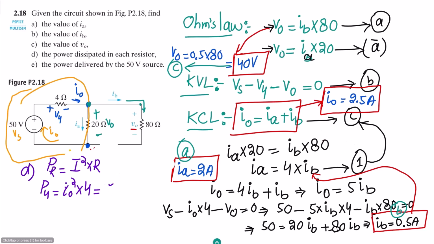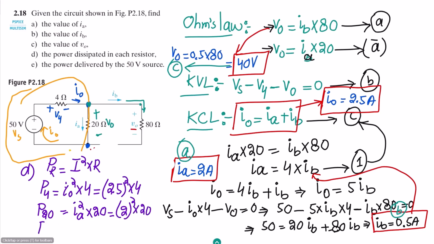That is 2.5 whole square into 4. The value of the power dissipated at 20 ohm resistor is what? That is IA whole square into 20. Let me put the value of IA, which is 2 square into 20.